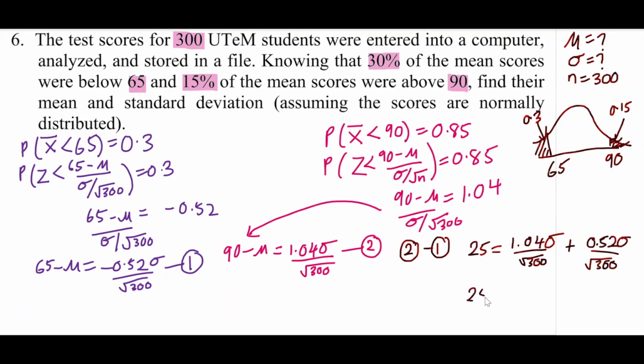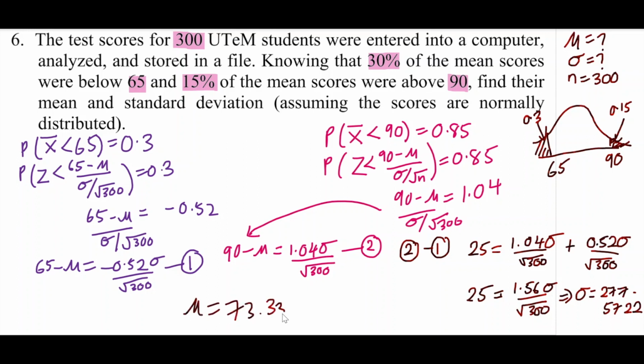And you would get 25 equals to 1.56 sigma over square root of 300, which gives you sigma as 277.5722. I would then substitute this into the first equation and I would get the mean as 73.3333.